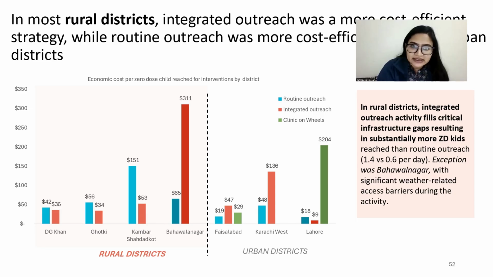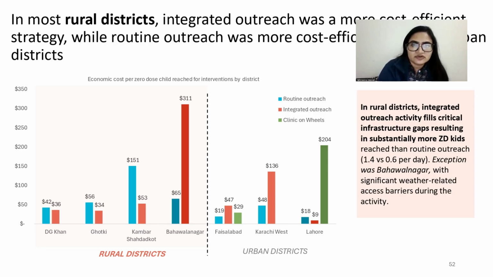When we disaggregated the analysis at the urban-rural setting level and more precisely at the district level, we observed that the integrated outreach performs best in the rural environment in terms of reaching a higher volume of zero-dose children compared to the routine program.